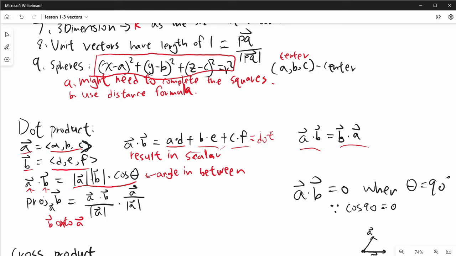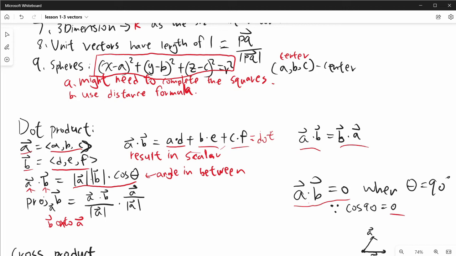And related to that, if the dot product of two vectors is 0, that means those vectors are normal to each other, because when theta is 90 degrees, cosine 90 is 0, and then everything will be 0.